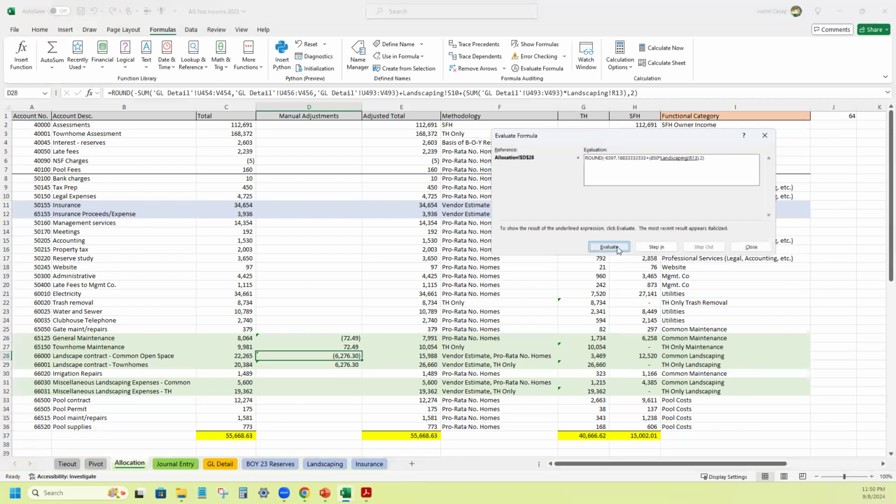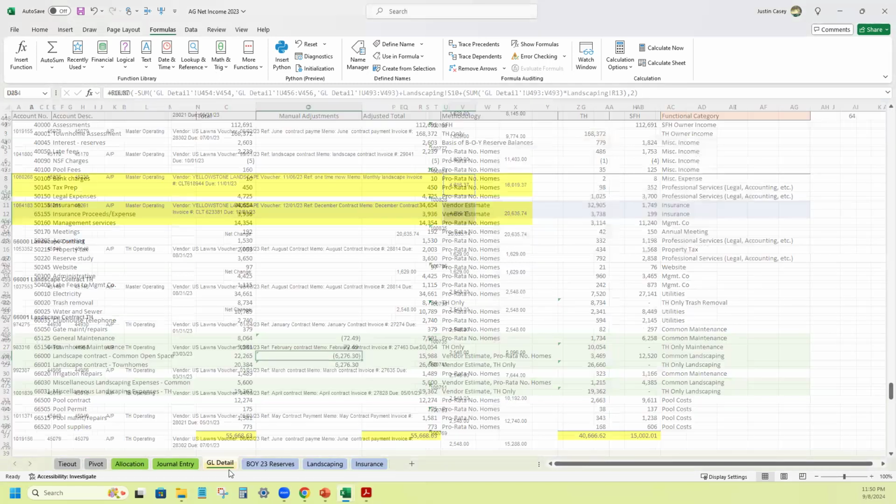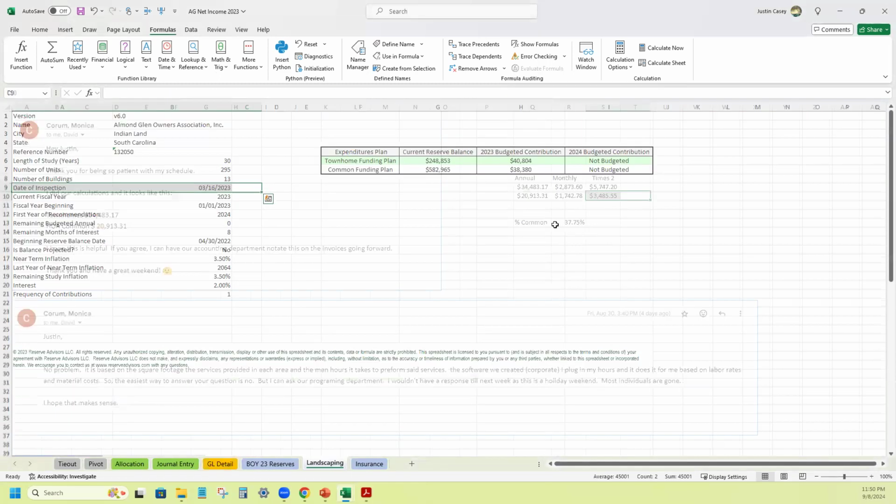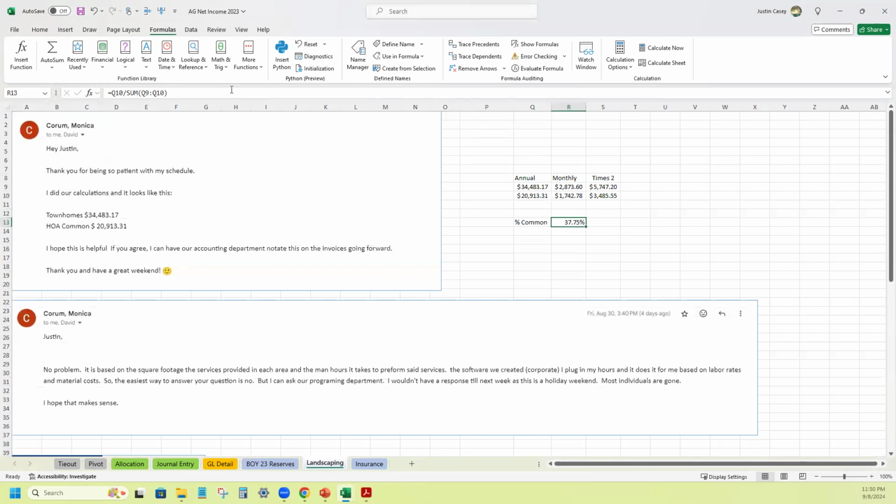And add back specifically what was related to common as a percentage of total of a one-time mow charge. And so in order to get this, we basically just take the proportion of 2913 divided by the total 55,396, and that's a 0.3775.